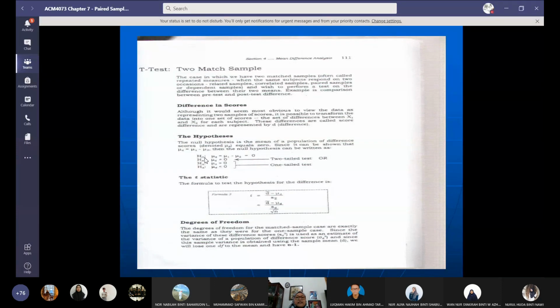You can see this is the null hypothesis, that there is no difference. Then we go to the alternative hypothesis. We can see that it predicts that there is a difference between the variables.